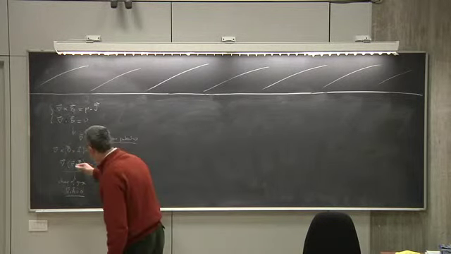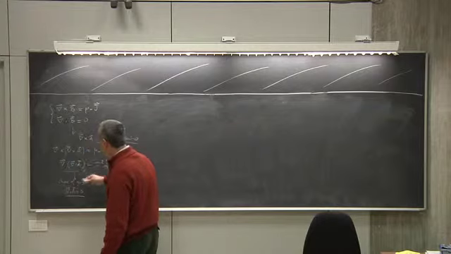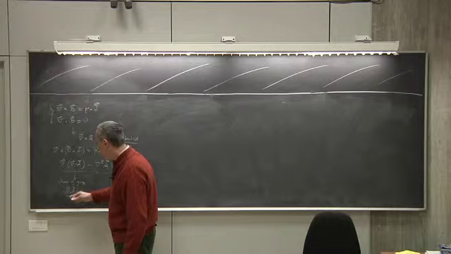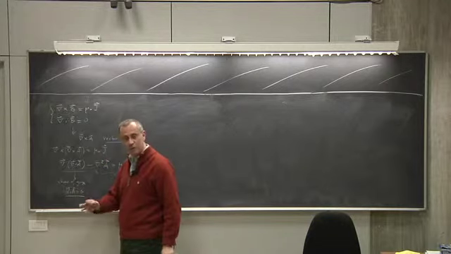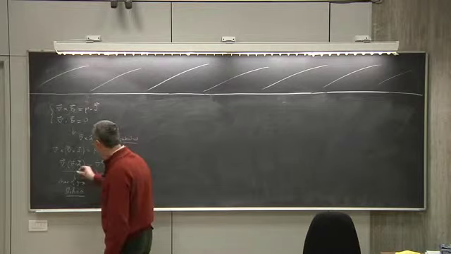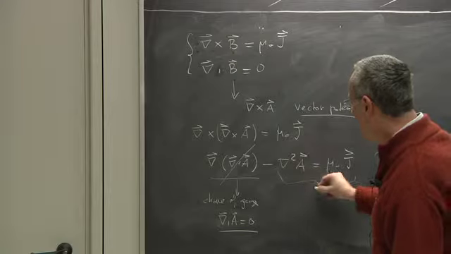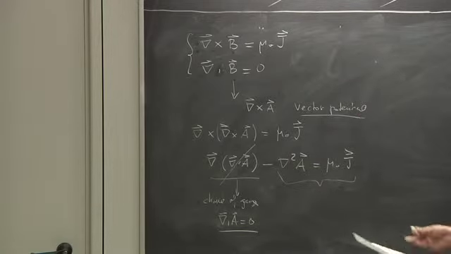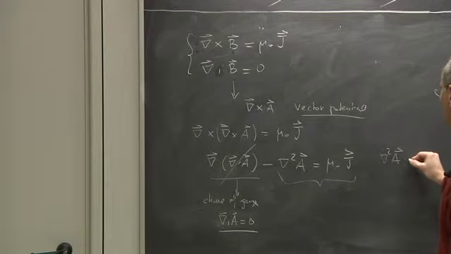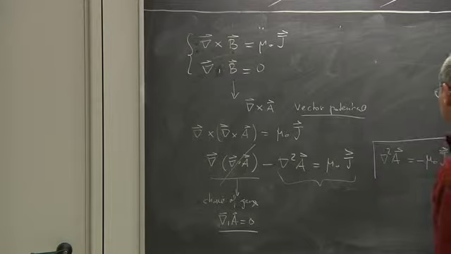I know that I can change A by a certain transformation in such a way as to satisfy the fact that A is a divergence-less field, okay? And if this is true, this is good because I get rid of this term. Indeed, the vector potential satisfies these three Poisson equations.